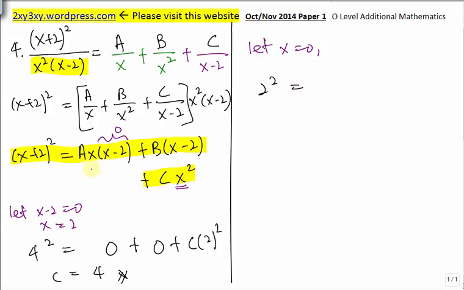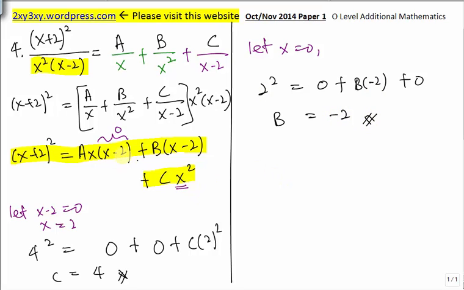When x is 0, 0 multiplied by everything here will be 0. So 0 minus 2 is minus 2. 0 multiplied by c will be 0. So we can find the value of b. b will be 4 divided by minus 2, which gives you negative 2.